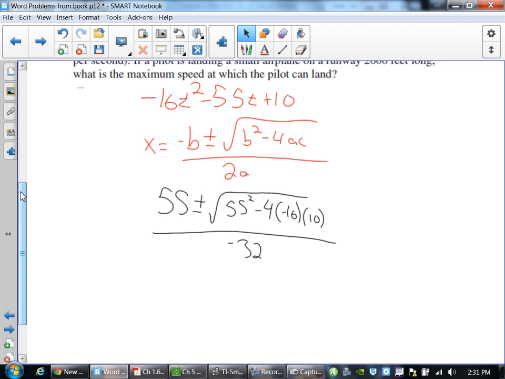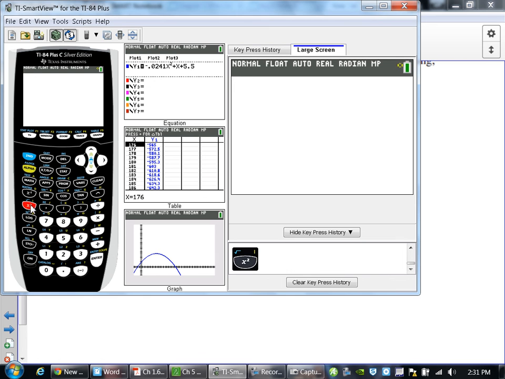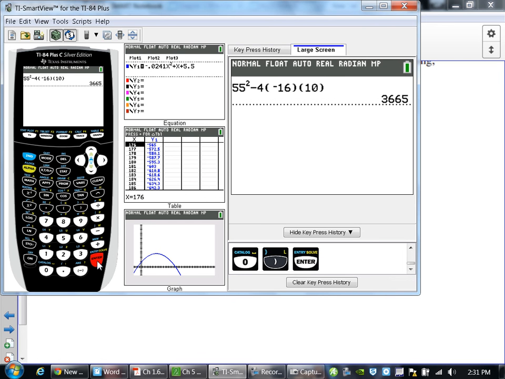When I go to my calculator, I'm going to type in the discriminant first. What part's the discriminant? The stuff underneath the radical. So 55 squared minus 4 times negative 16 times 10. We get 3665.